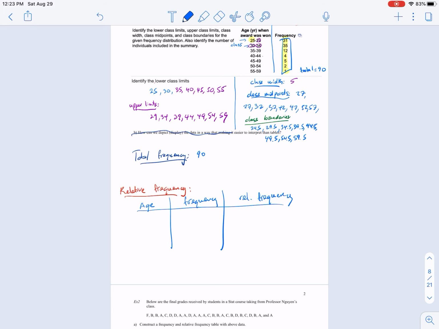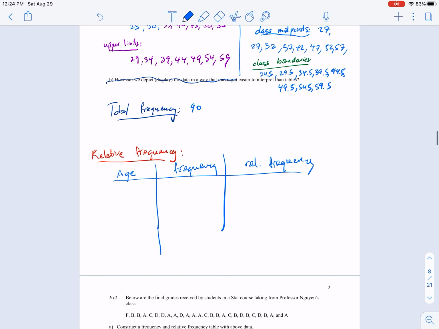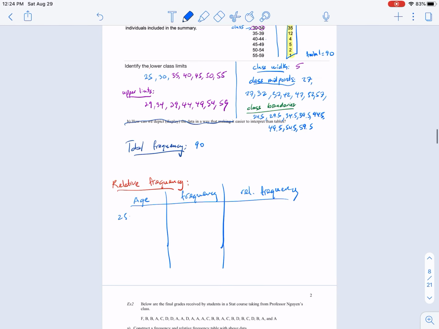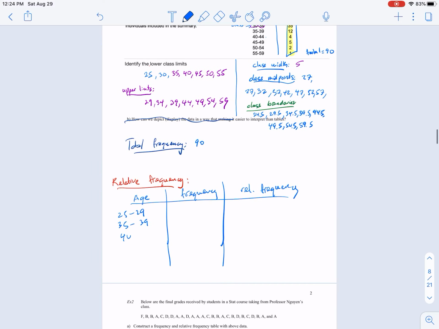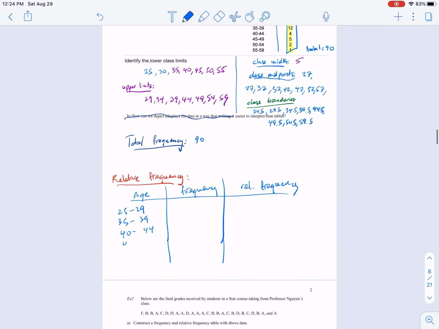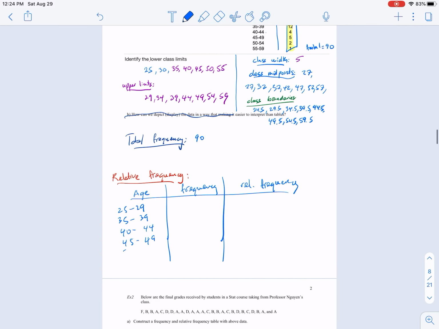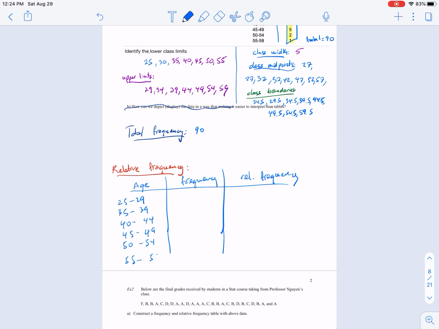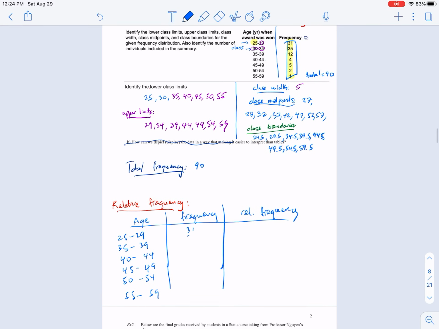All right, so we have 7 groups: 25 to 29, 30 to 34, 35 to 39, 40 to 44, 45 to 49, 50 to 54, 55 to 59. Frequency, we got 31, 35, 12, 4, 5, 2, 1.